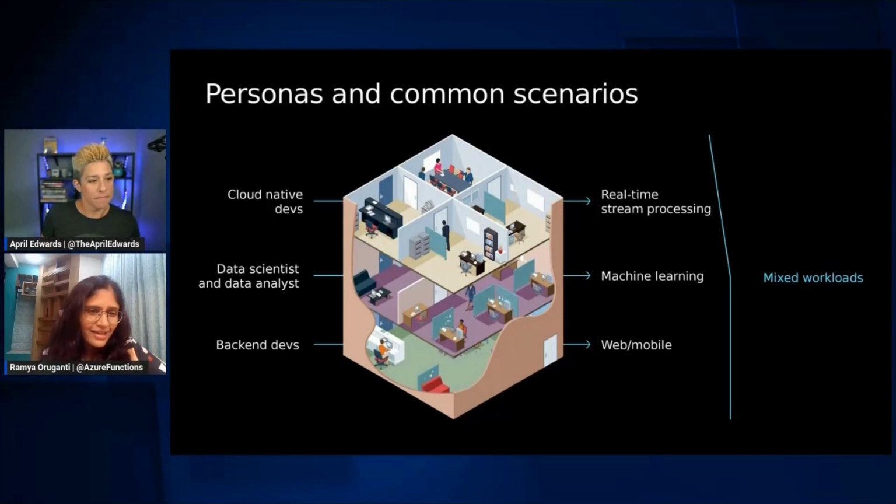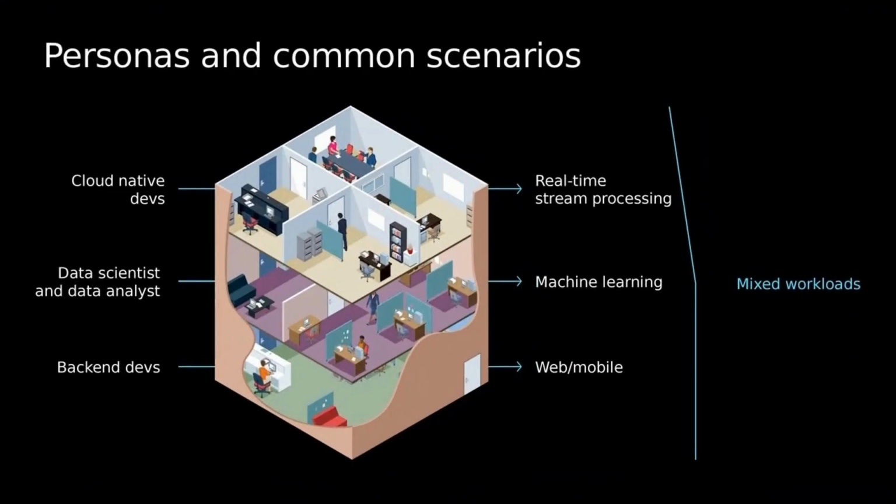And now I'd like to emphasize the type of use cases that users can consider and the type of personas that we believe could benefit from this. Cloud native developers, backend developers, or data scientists could deploy their workloads on this microservices kind of cloud native environment.